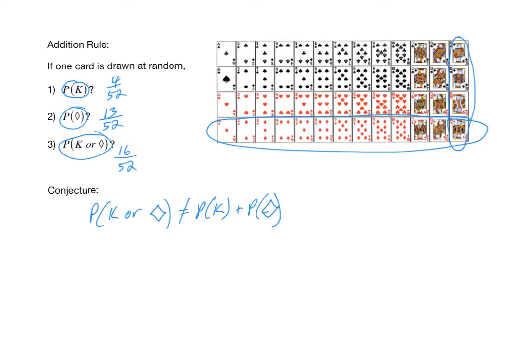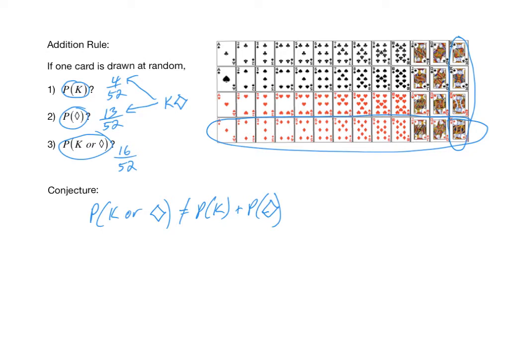Well, here's the problem. This 13 right here contains all 13 of these cards, one of which is the king of diamonds. This 4 right here includes all 4 of these kings, one of which is the king of diamonds. So essentially, the king of diamonds is being counted in both that 4 and in that 13. So it's being counted twice. That means we need to take that off.